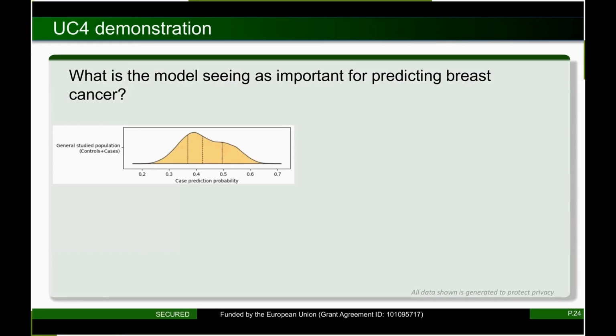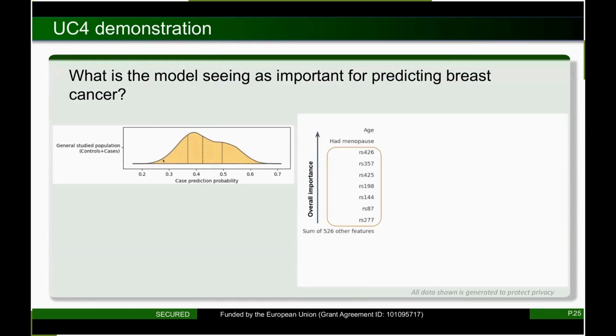So now, after we finish the training phase, we would like to understand what the model is seeing as important for predicting, in this case, breast cancer. One of the things that we can look at is, in our general studied population, what was the distribution of the different risk scores that we obtained. And we can see that here we have a concentration. We have some people with a higher risk and some people with a lower risk. Another thing that we can look at is which features the model is seeing as important for predicting breast cancer.